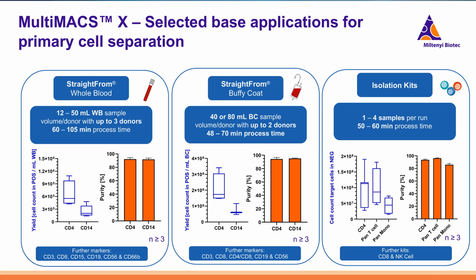And I selected here the results from different kits, for example, the CD4 T cell kit, as well as the Pan T cell kit for separation of all T cells, as well as the isolation kit for Pan monocytes. And you see in the lower part that other kits are also established as base applications, which you can use with the MultiMACS X for different research topics.